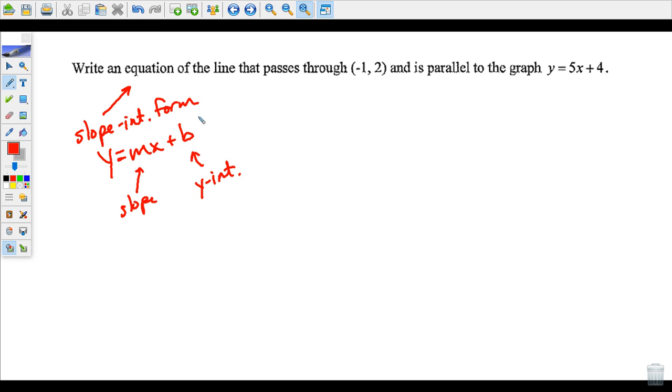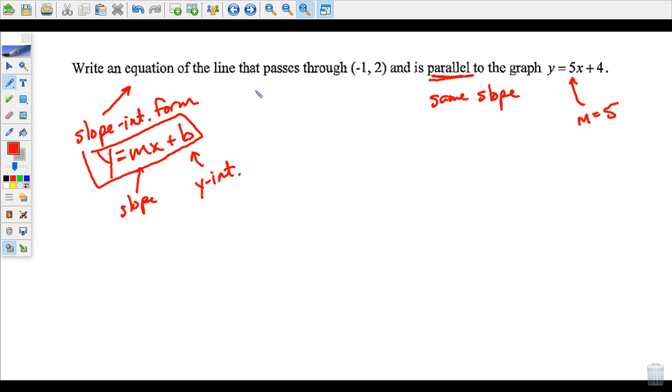So we're writing an equation in this form of a line that passes through -1, 2, and is parallel to the graph of y equals 5x plus 4. Parallel is key. It means it has the same slope. Two lines that are parallel have the same slope. So this graph has a slope of 5.